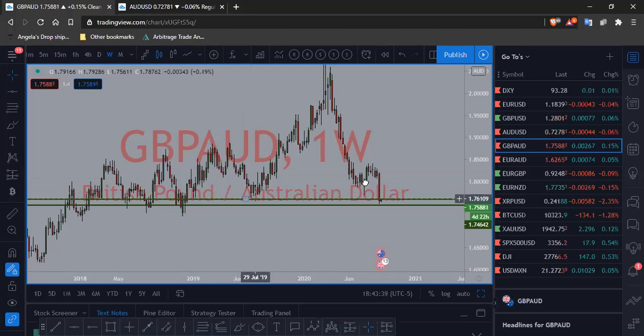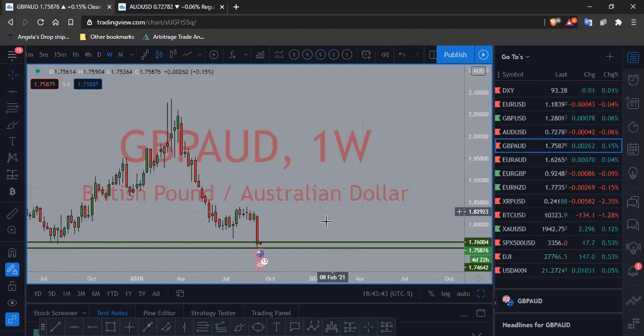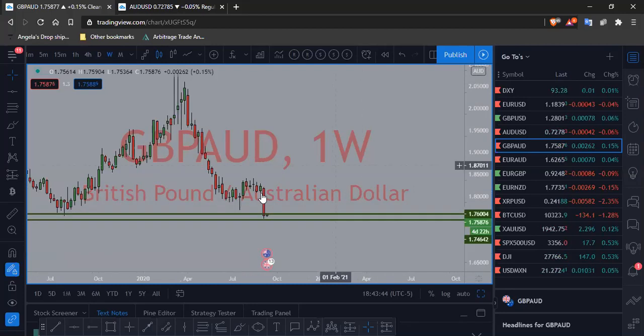Yeah, this is an interesting place to try to buy this at, because I don't like this huge weekly candle. Look, last time we had a huge weekly candle like that, price then started to dribble down.